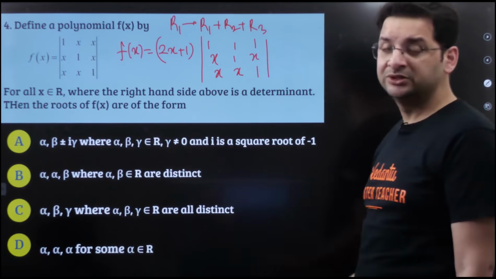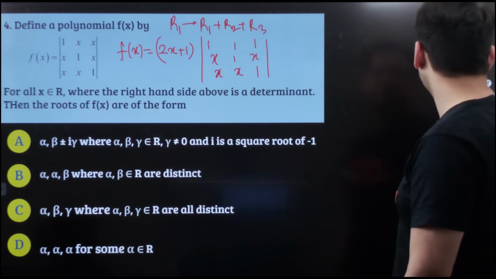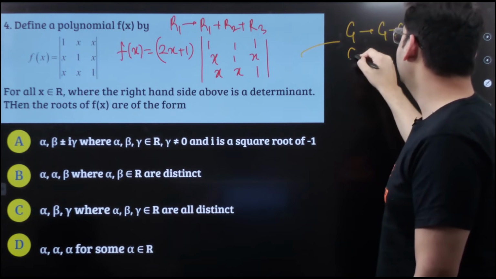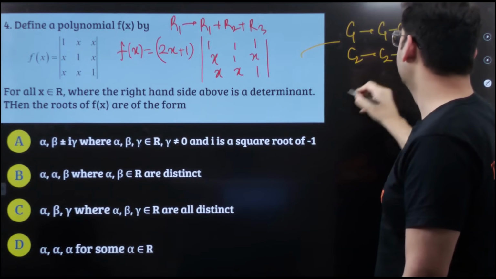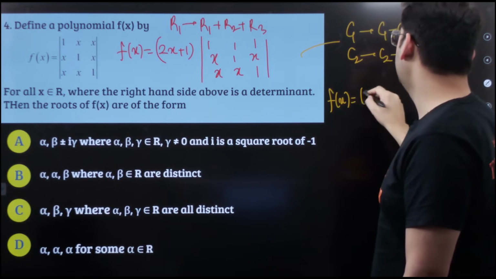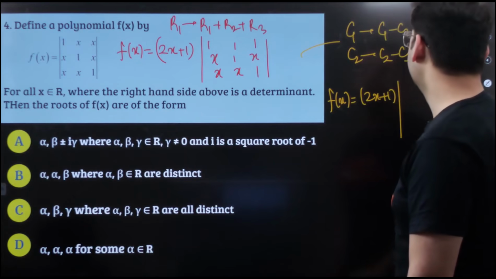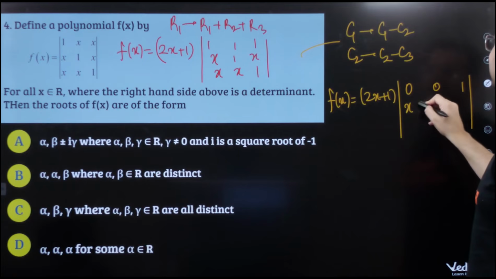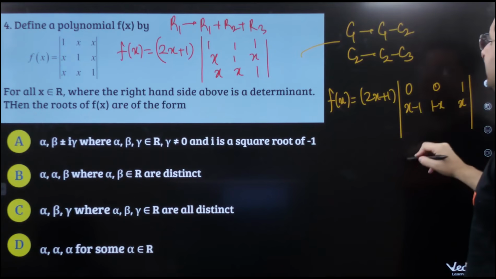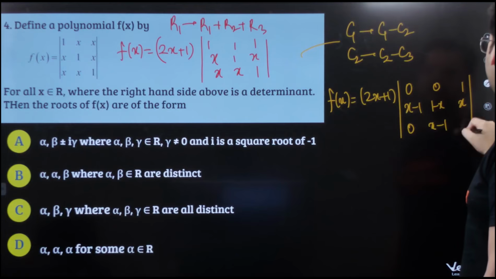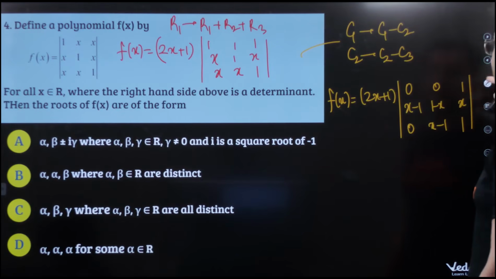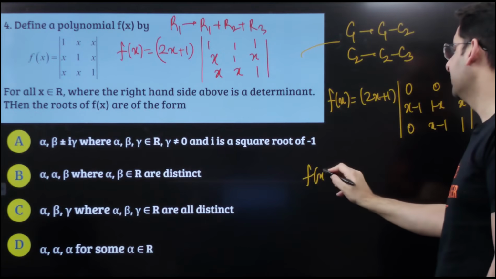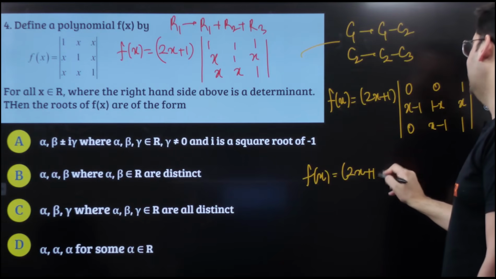And then maybe we can make 2 zeros और अपने आप आंसर आ जाएगा. तो यहाँ पर अब what you can do is C1 goes to C1 minus C2 and C2 goes to C2 minus C3. So f(x) is equal to 2x plus 1 times the determinant 0, 0, 1, x minus 1, 1 minus x, x, 0, x minus 1, 1. So if you open by the first row, it is going to be 1 into (x minus 1) whole square. So f(x) is going to be 2x plus 1 into (x minus 1) whole square.